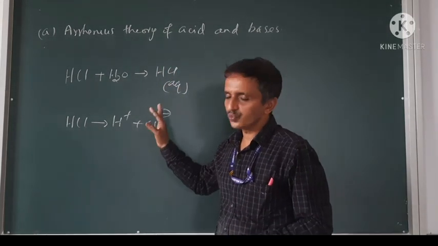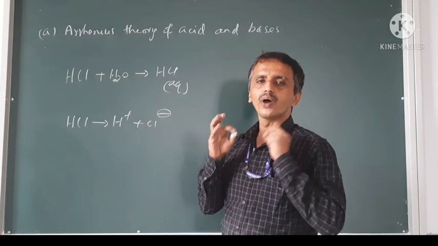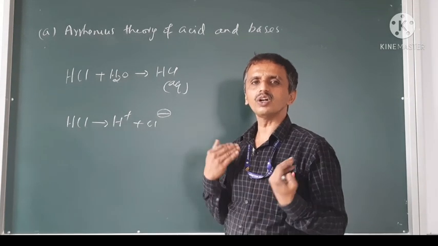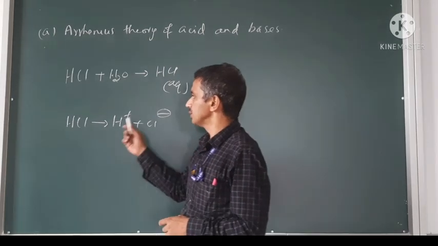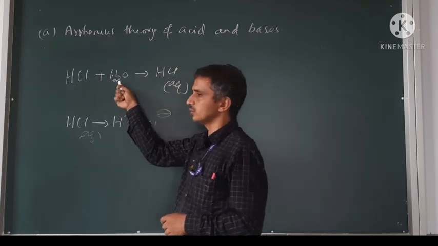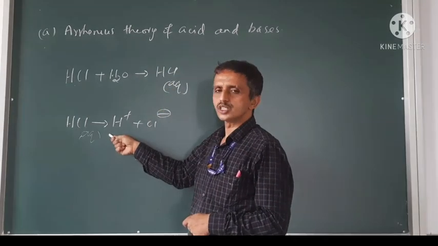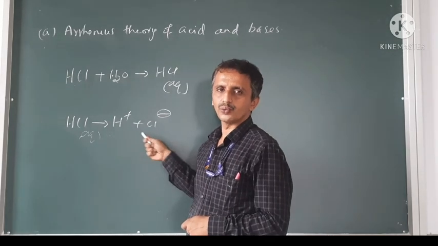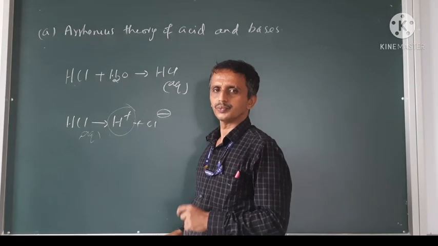The substances which produce H plus ions when dissolved in water are all called acids. HCl dissolved in water gives aqueous HCl, which spontaneously ionizes to give H plus and Cl minus, producing the H plus ion. Acid.